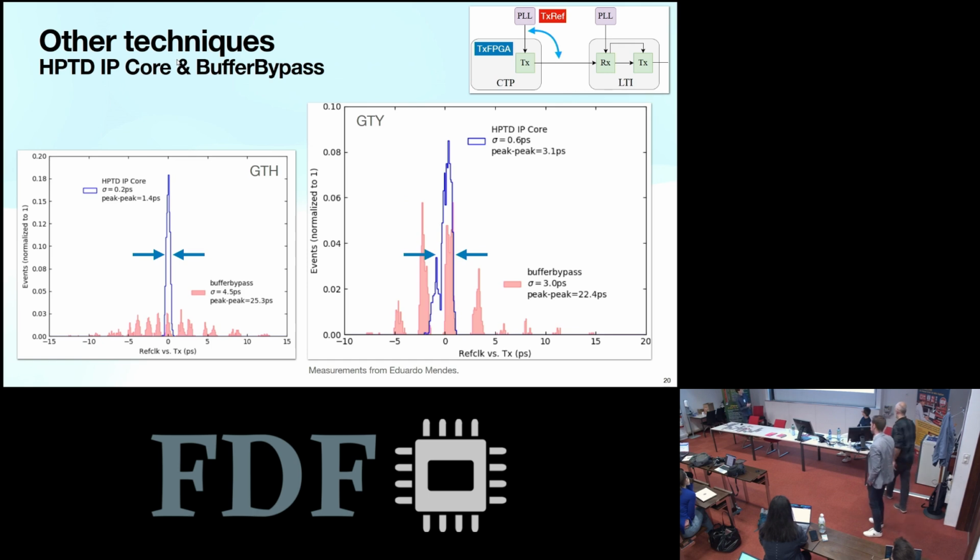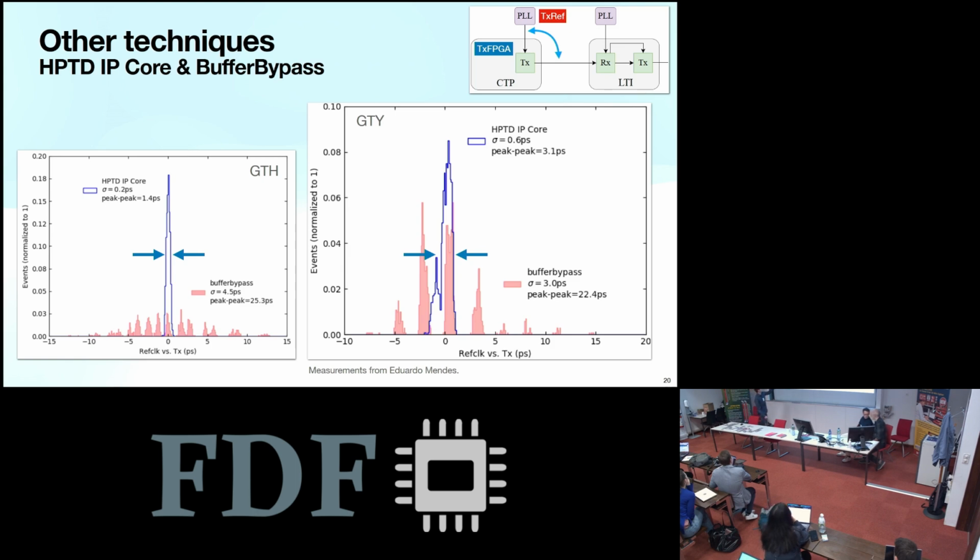So I'm at the end of the presentation. Those are other techniques currently used to achieve these results. So let's start with the one which we don't use because it's not good enough. This is called the buffer bypass. It's shown in red.